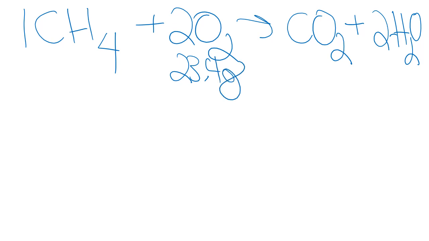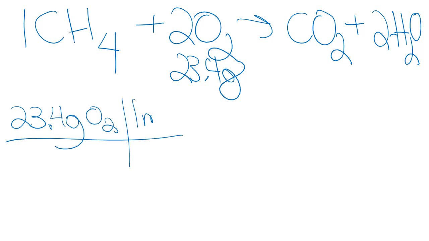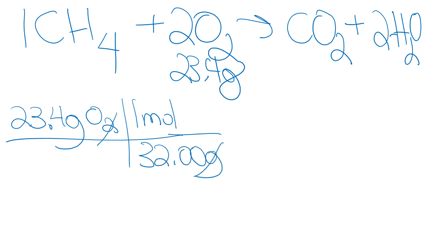Whenever you have grams, if you look at that molar map, you can't go anywhere else other than to moles. There's no arrow pointing in the opposite direction. So we have 23.4 grams of O2. The bottom number on O is 16.00, so O2 is 32.00 grams. We're going to solve for that.